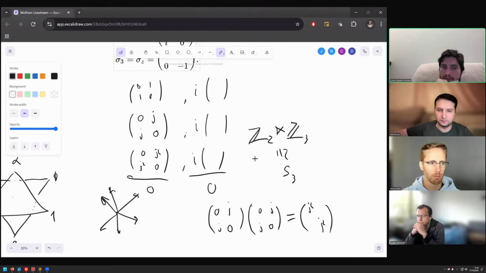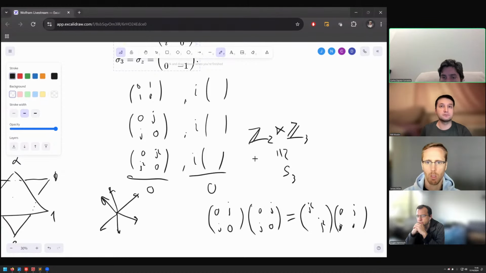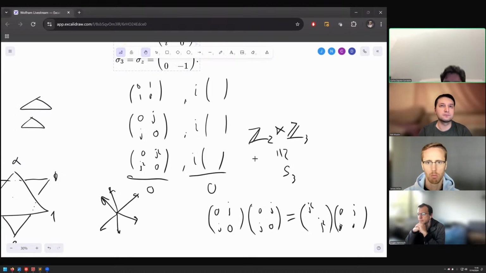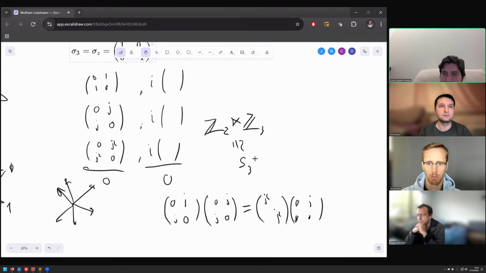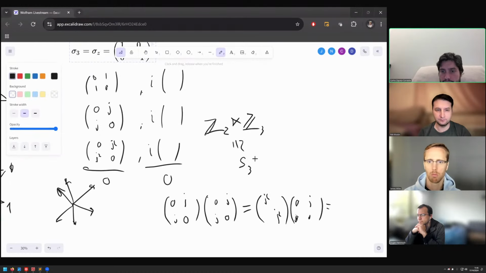So then I have to put the other one, and then if you multiply this by, I imagine, right, exactly. Sorry, okay, I'll actually write the right matrices. And then this one actually gives you J cubed.